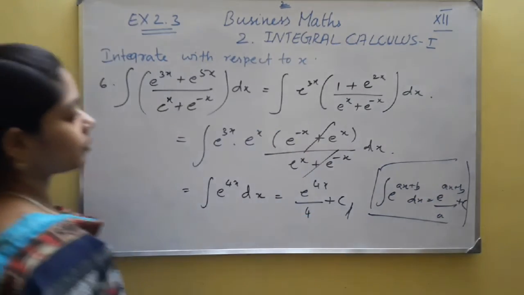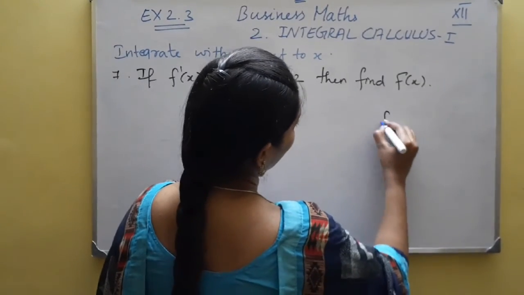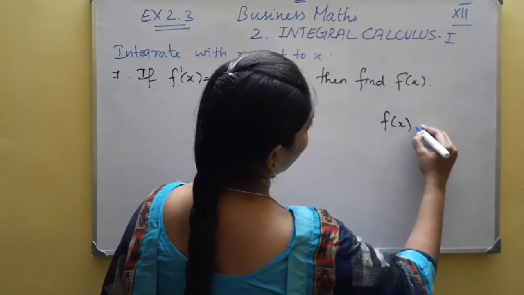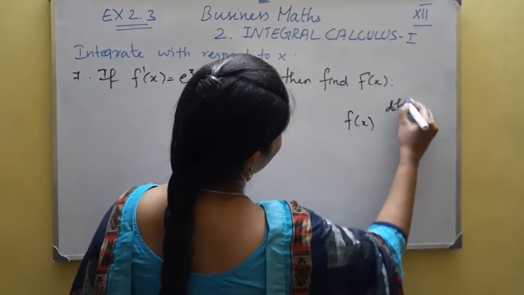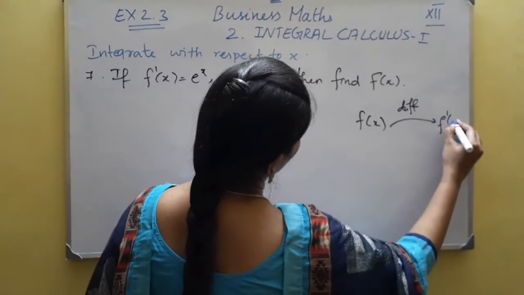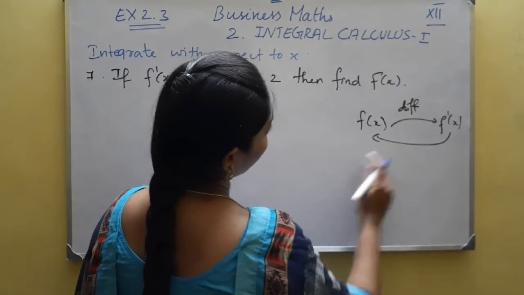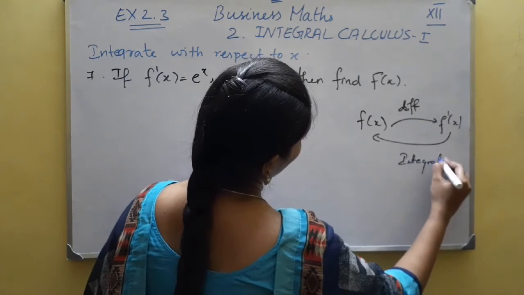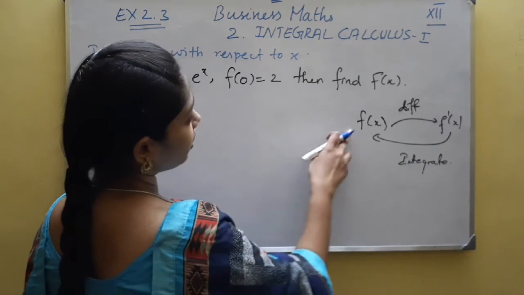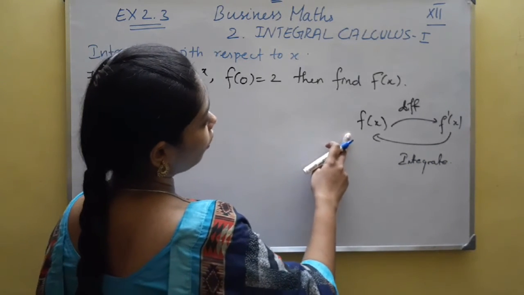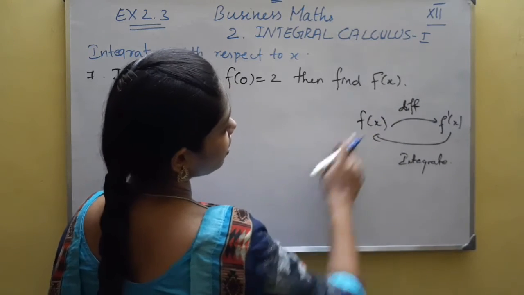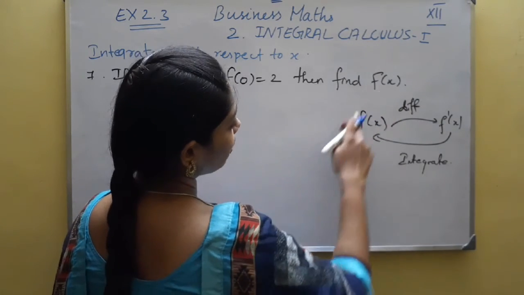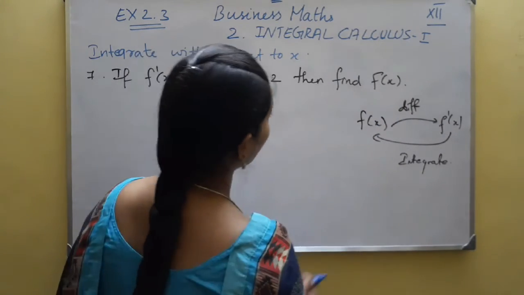If f of x is your function and you differentiate it, you will get f dash of x. If I want to find f of x again, I want to integrate it. If you want to get back the same function, you are supposed to do integration.